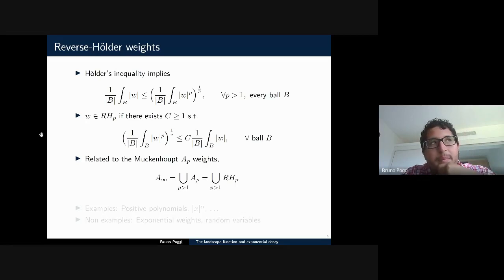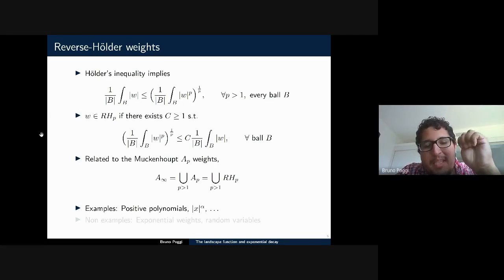Now, examples of these include the positive polynomials, or the powers of x.